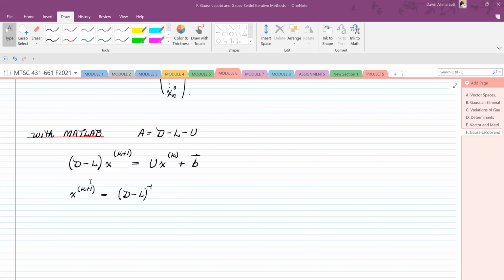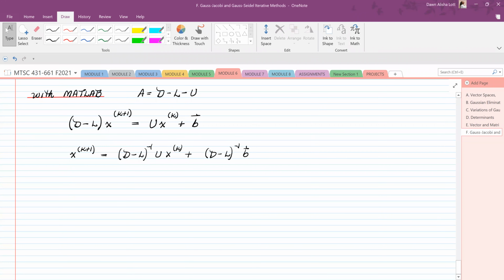So x at k plus 1 is equal to (D minus L) inverse times U times x at k plus (D minus L) inverse times b.